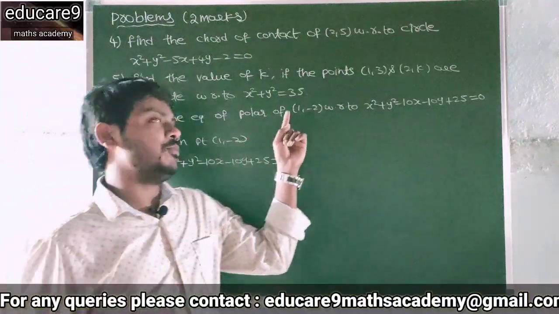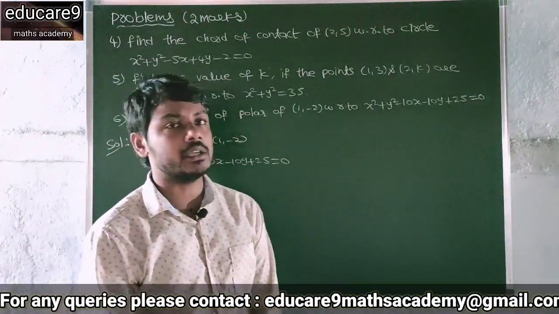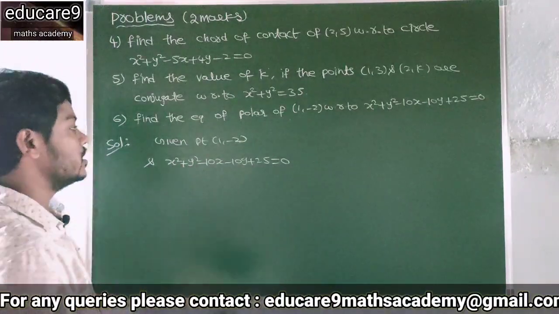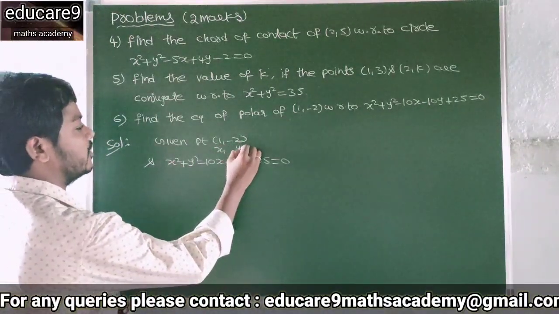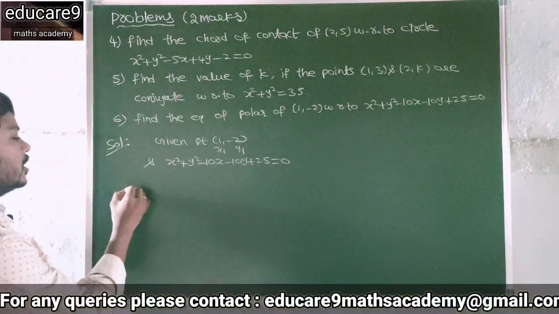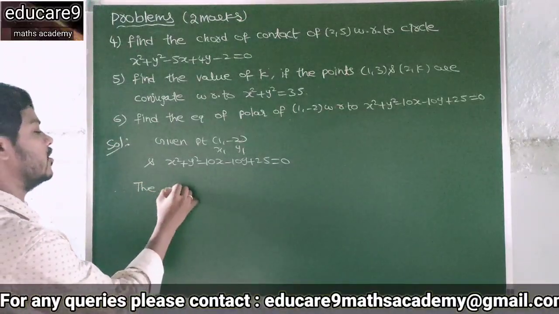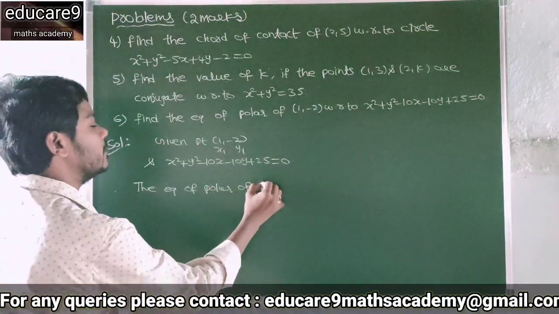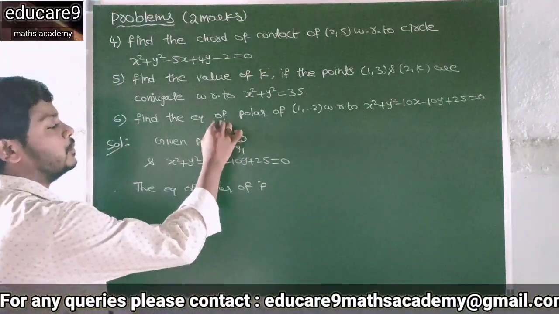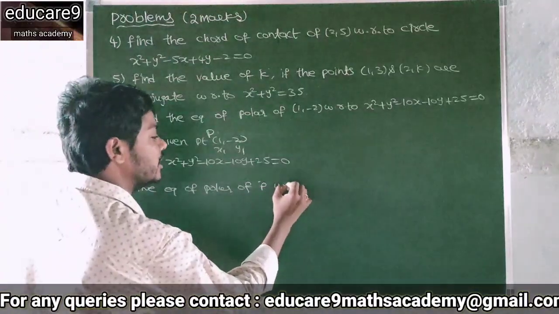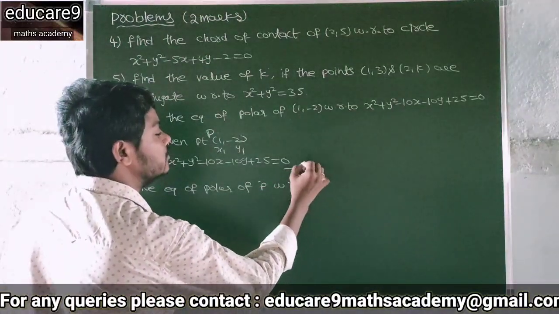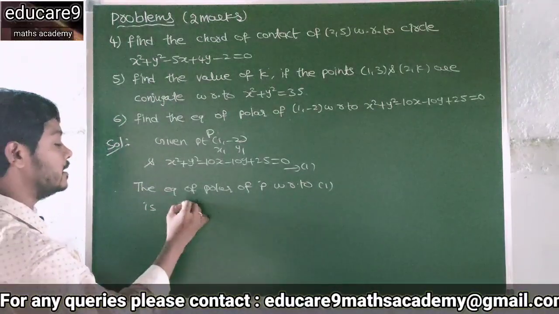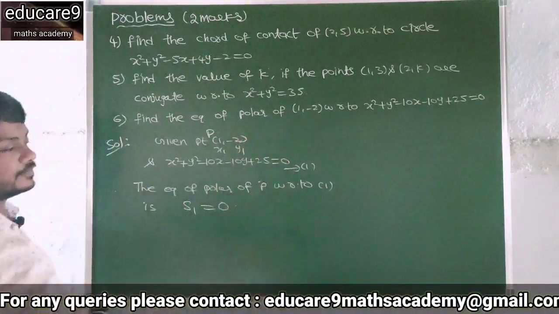Find the equation of the polar of the point with respect to the circle. So this is the given point and this is the given circle. So this is x1, y1. So therefore the equation of polar of P, this is the given point P with respect to circle 1, is S1 equals to 0.